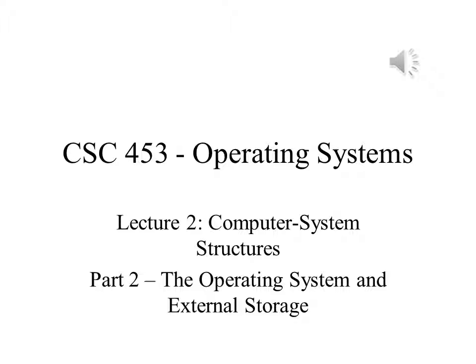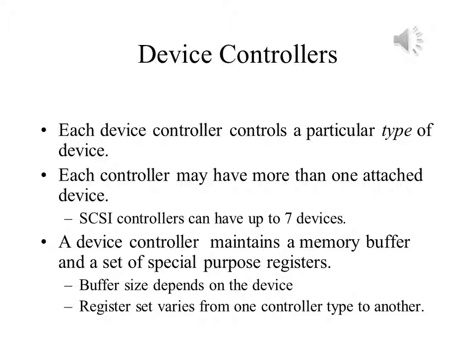In part 2 of lecture 2, we will discuss the operating system and external storage. As we saw earlier, computers are connected to their various peripheral devices through a collection of device controllers. These controllers work semi-independently and in collaboration with the CPU to perform whatever input and output operations the computer needs.